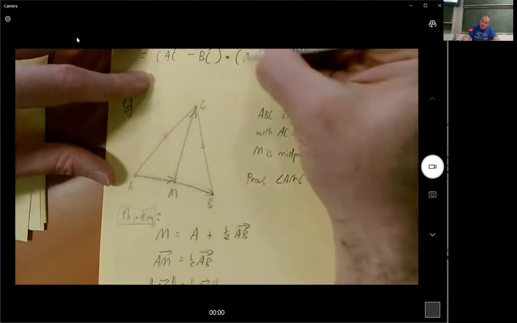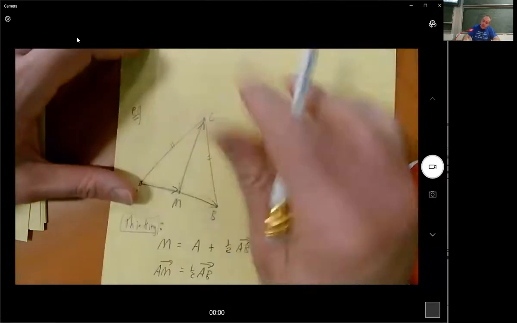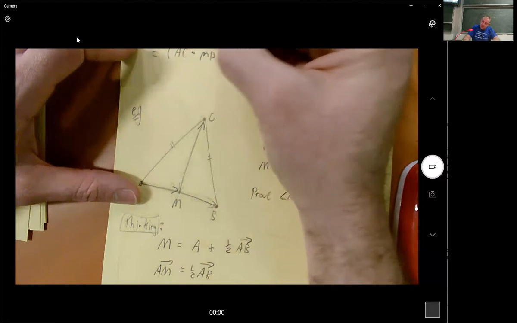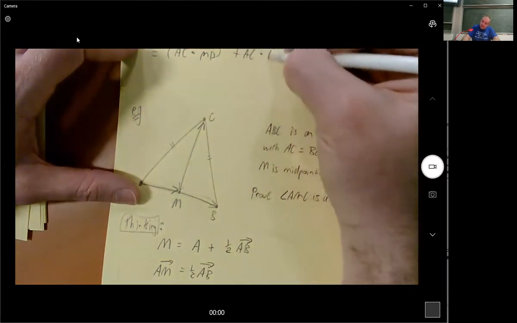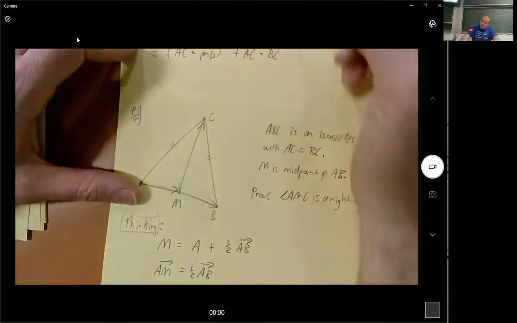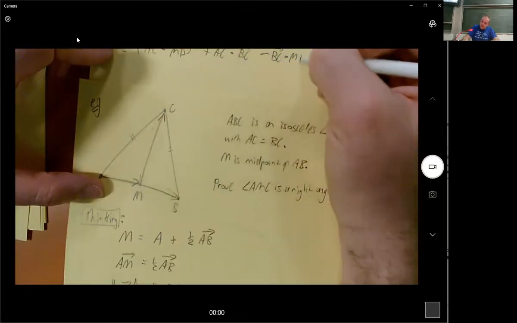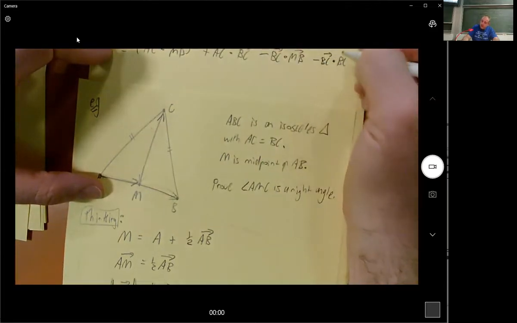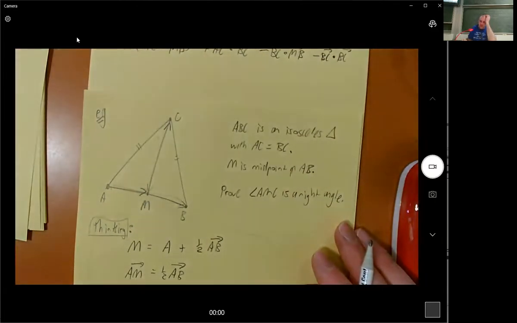Maybe not, I'll just leave it at that. So when I do this dot product, I've got AC dot with MB, that's those two. And then I've got AC dot with BC, that's those two. And then I've got BC dot with MB, that's those two, minus BC dot with BC. Damn it.